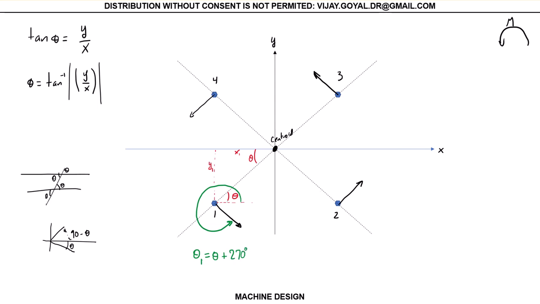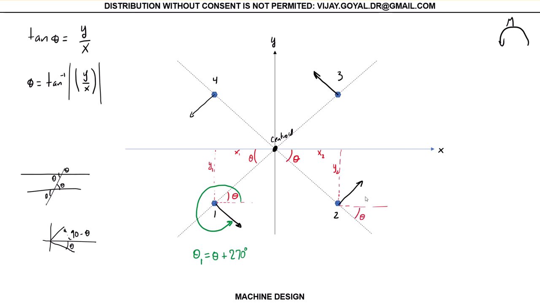In the next example, the coordinate is given as x2, y2, and we are doing the same thing. You want to find this theta, which can be found by using these equations, and the value that I will get is this theta right here.